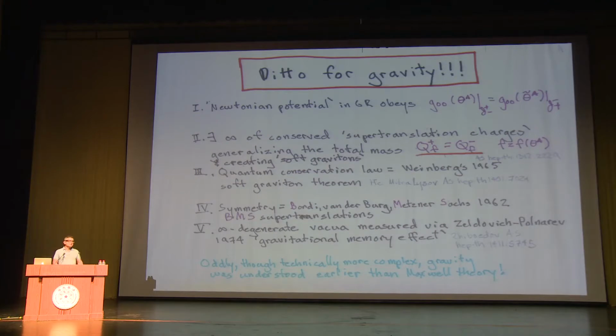Similarly, there's an infinite vacuum degeneracy in general relativity, and the various proposed gravitational memory experiments can be viewed as experiments to actually view transitions from one vacuum to another BMS inequivalent vacuum. That's one way of describing the gravitational memory effect.